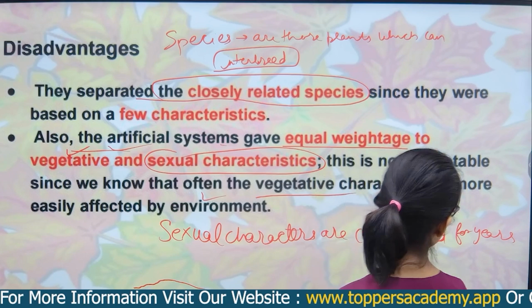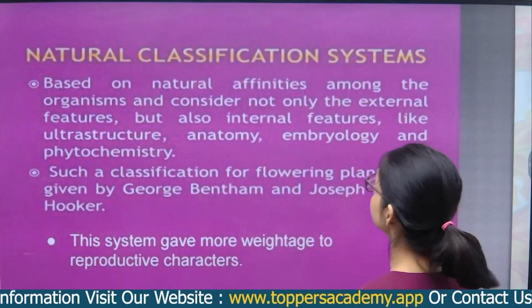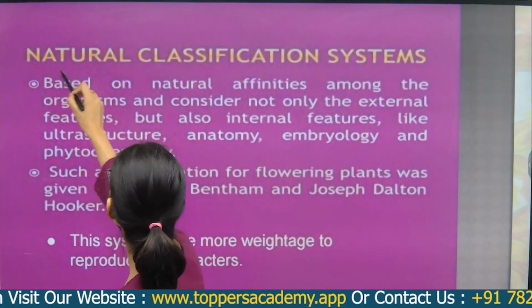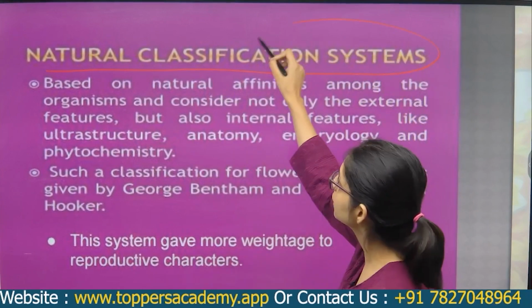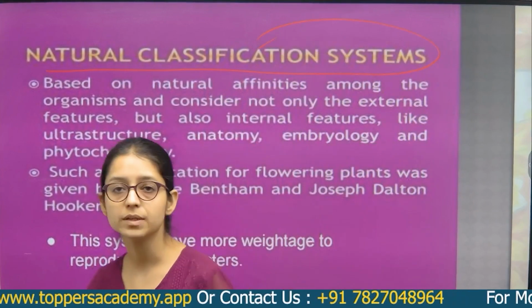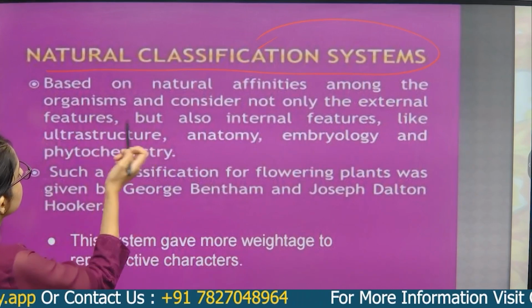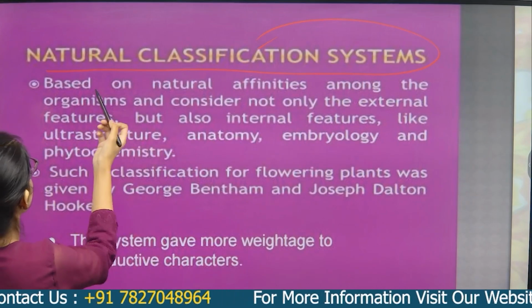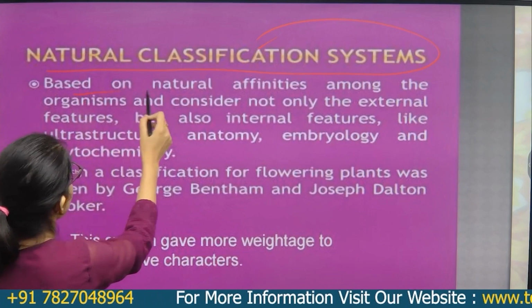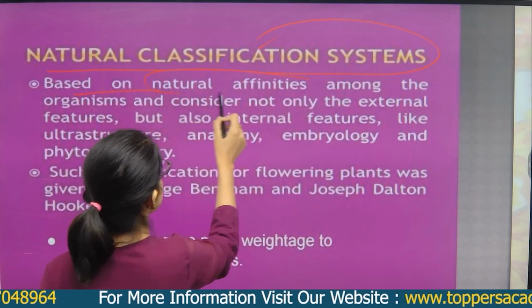So let's move to the next classification, the natural system of classification. This classification says that scientists divided the plants on natural affinities.